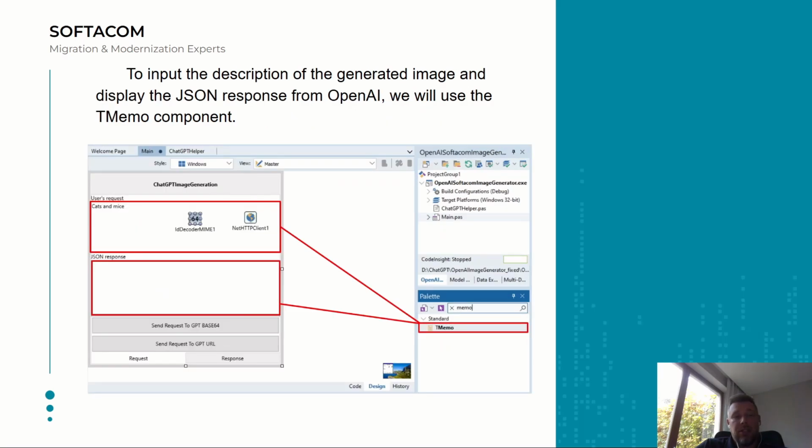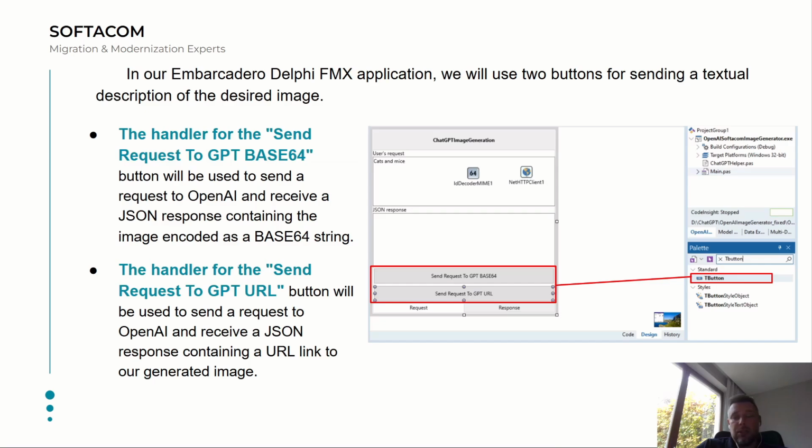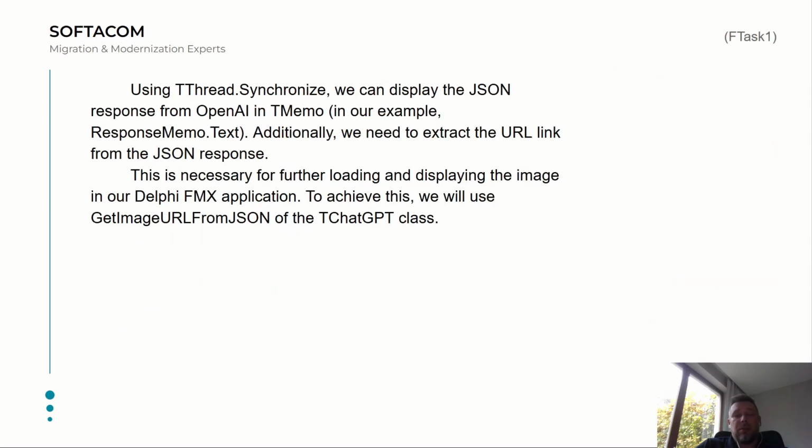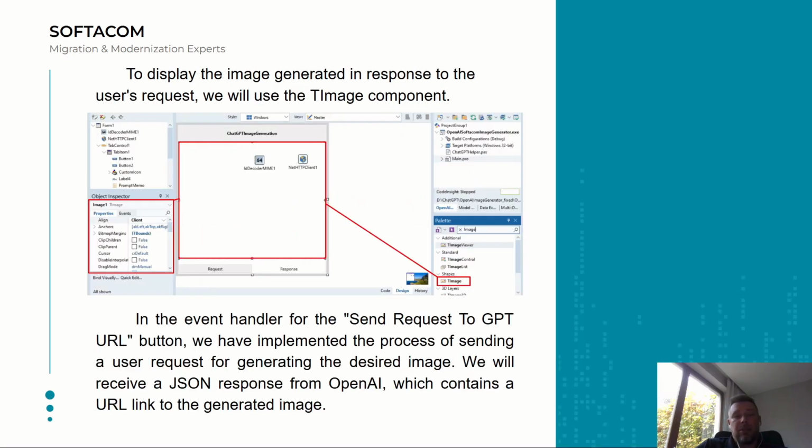Also, we will list the response from OpenAI just to understand what's going on and how it looks. By clicking two different buttons, which implement two different methods to get an image, we will show our image in a TImage component.